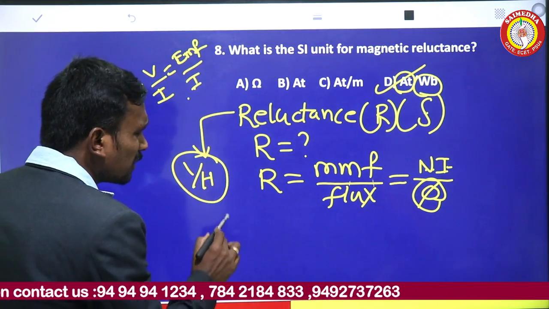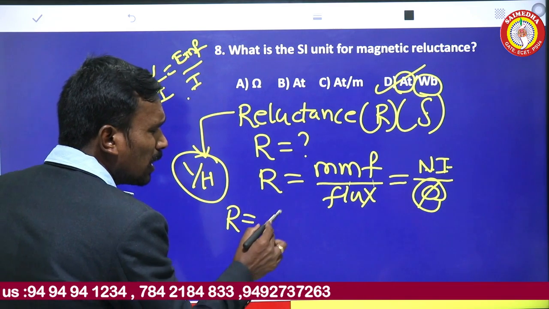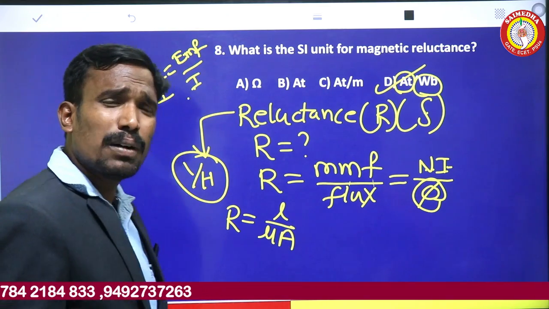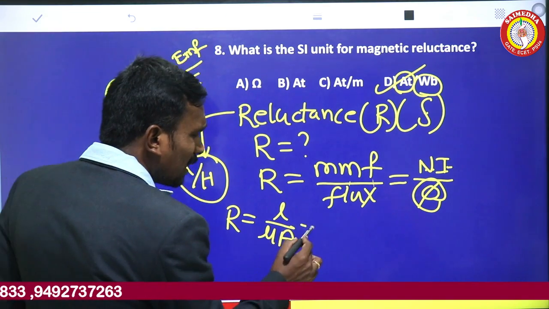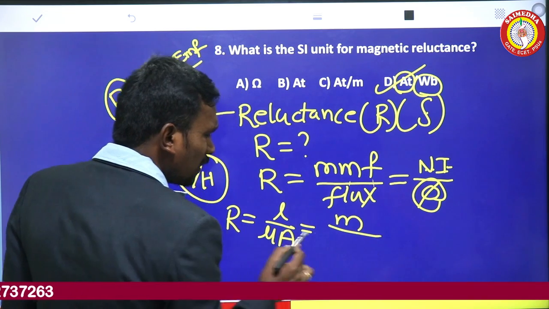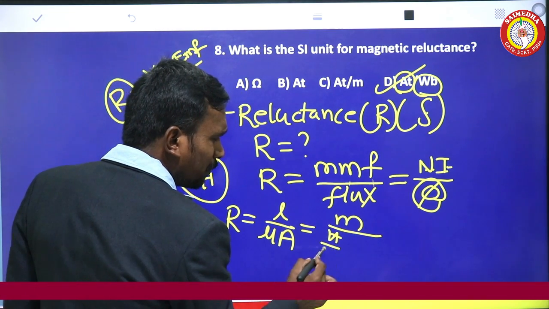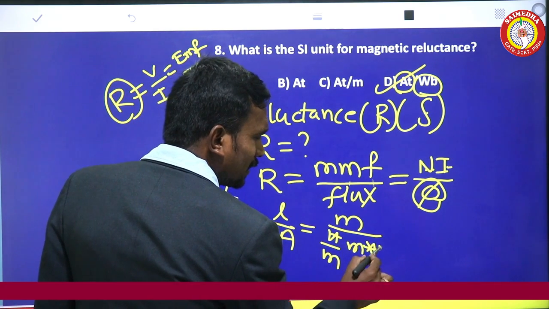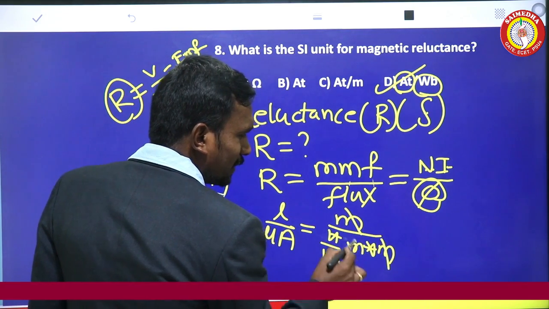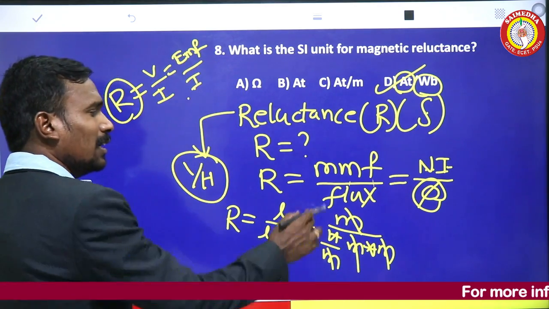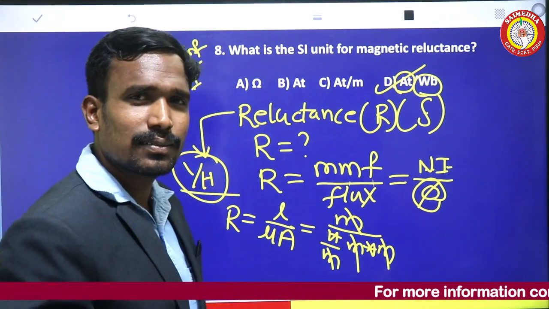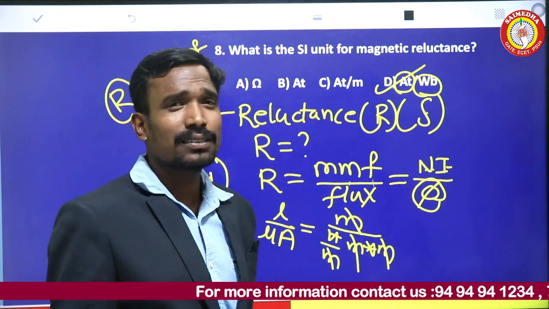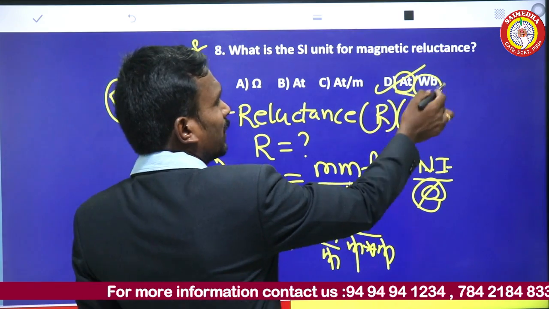This is the basic reluctance: R is equal to L by mu A. L is nothing but length, mu is Henry per meter, area is meter square. Meter into meter, this meter gets cancelled. 1 by Henry is the answer. This is also an answer for reluctance, and this is also an answer for reluctance, that is Weber per meter square.